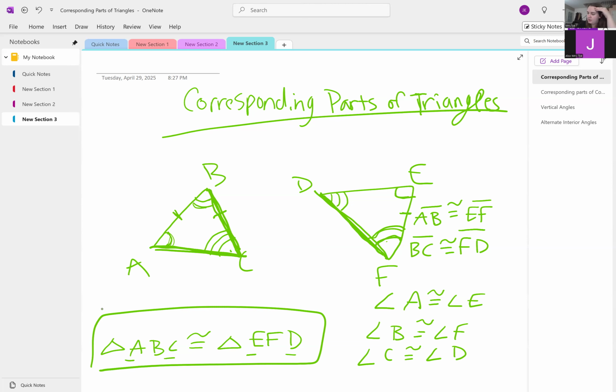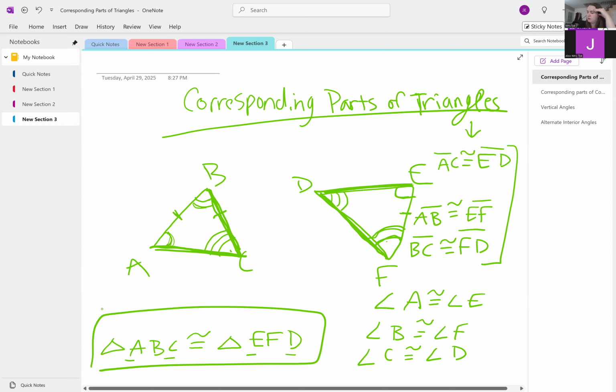We're going to call that one AC. I'm going to write it up here. And that's congruent to this one. If we're going from 1 to 3, it'd be ED. And these are what we would refer to as the corresponding parts of the triangle, these side lengths here, as well as these angles.